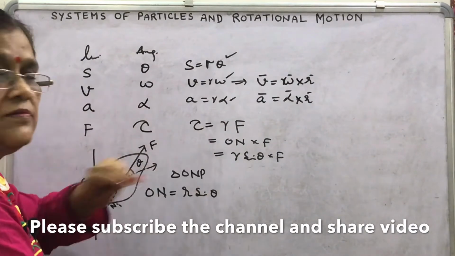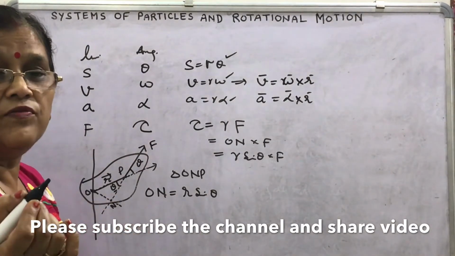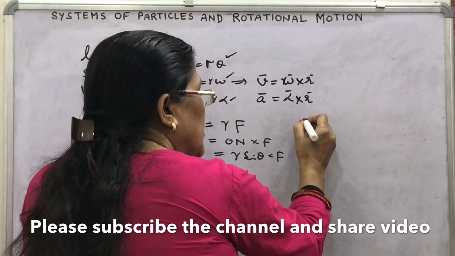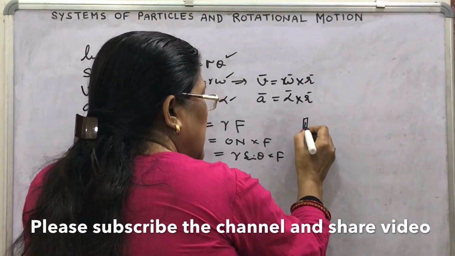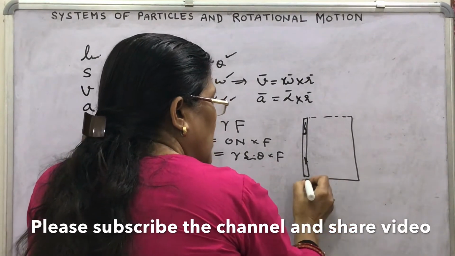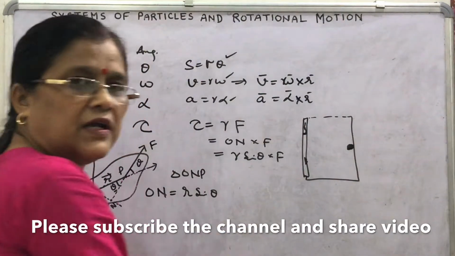Why is this called the turning effect of force? Have you seen that in a door, suppose a door has hinges here and here, and this is the door, the handle or knob is provided at the outer edge.